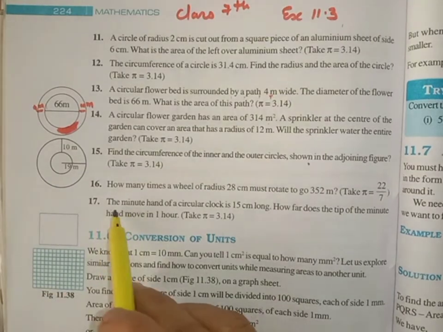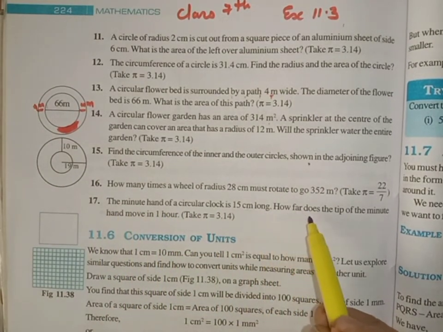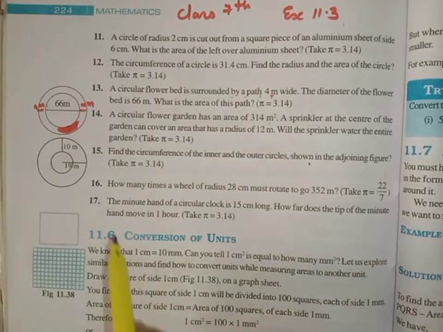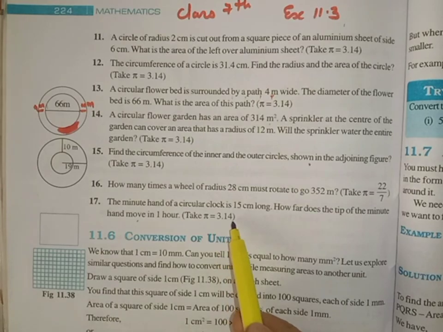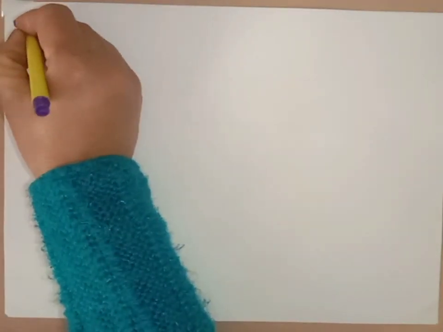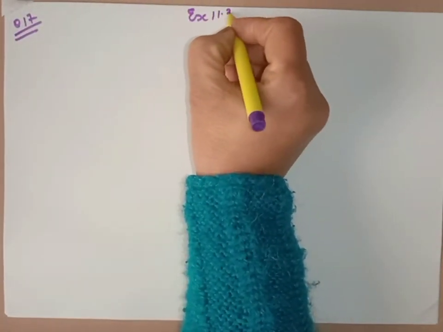Question 17. The minute hand of a circular clock is 15 centimeter long. How far does the tip of the minute hand move in 1 hour? The pi value is given 3.14. This is question number 17, the last question of exercise 11.3.